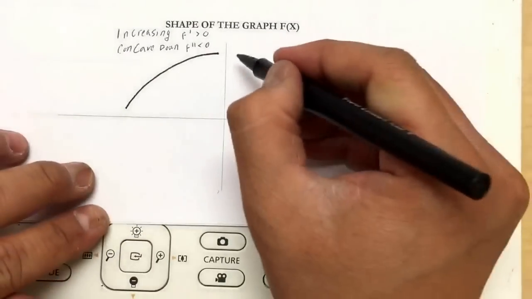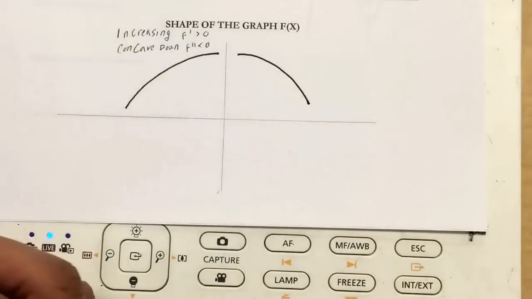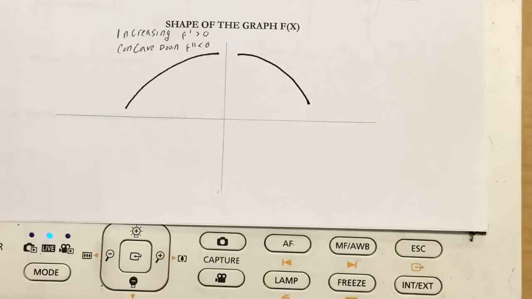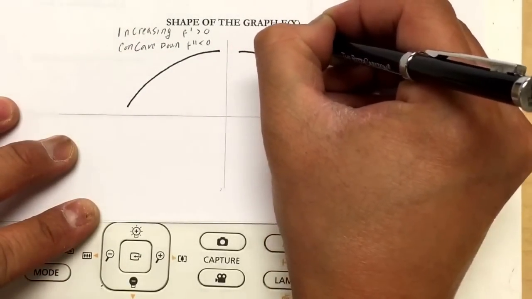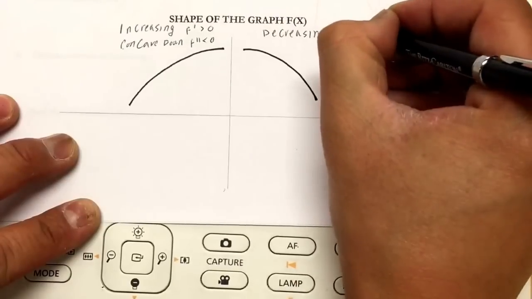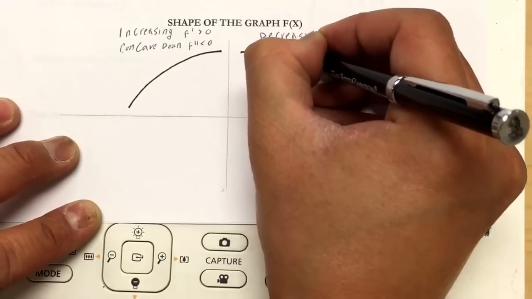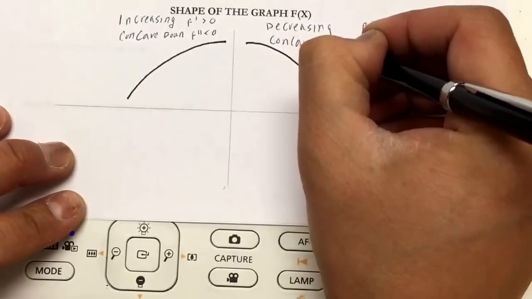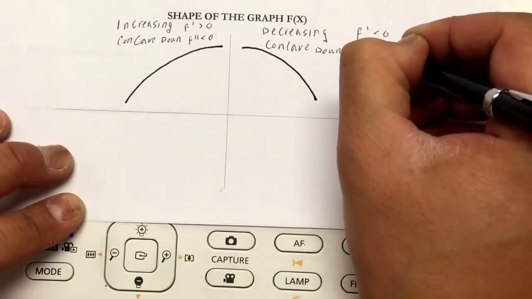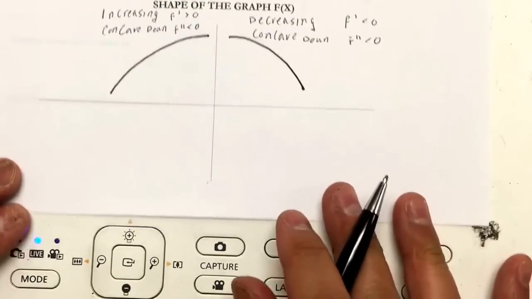And if it looks something like that, then that means that it is decreasing and concave down. And the second derivative is going to be negative. Okay, good.